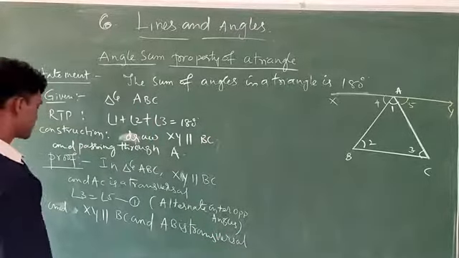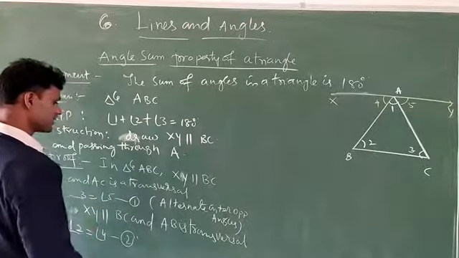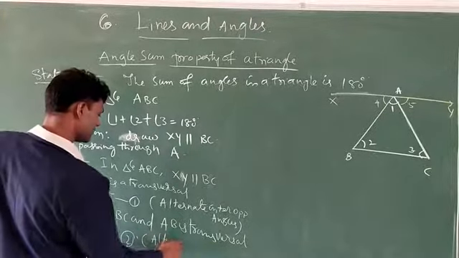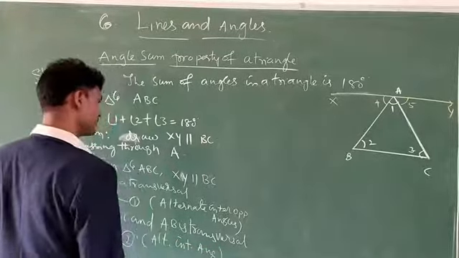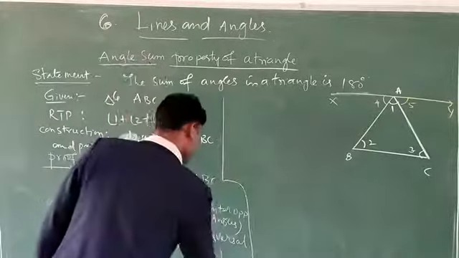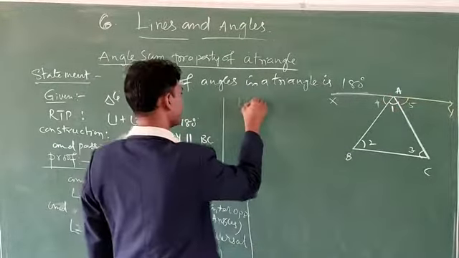Then angle 2 is equal to angle 4. This is 2. Here also alternate interior opposite angles are equal. Now see here, angle 1 is equal to angle 1. This is 3.